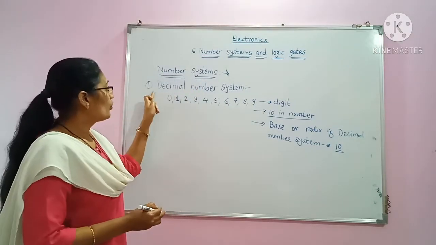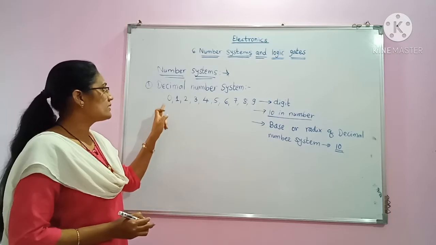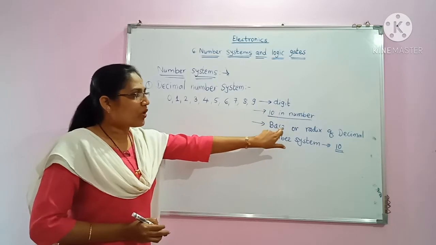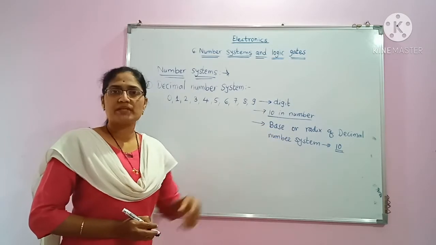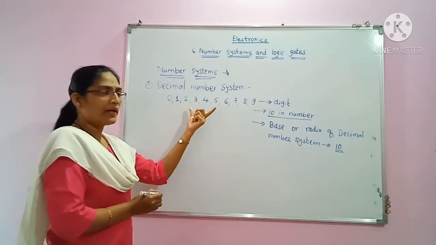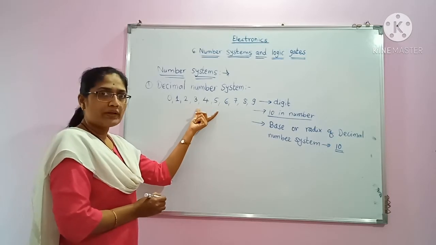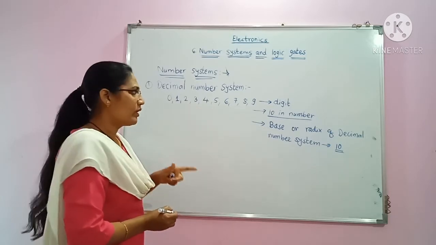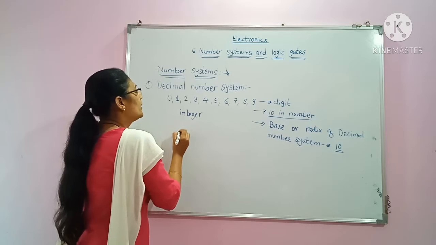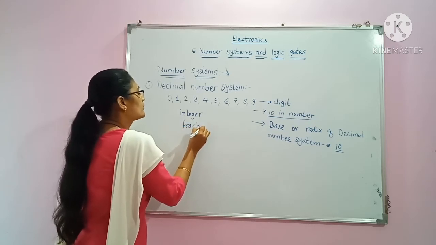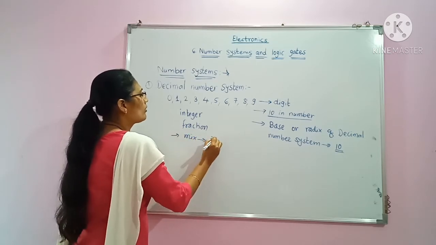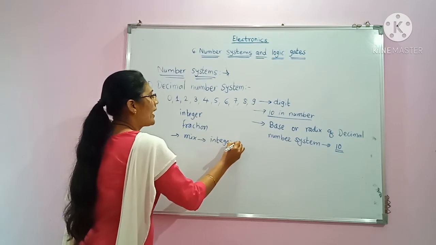It consists of 10 digits, and hence the base or radix of the decimal number system comes out as 10. Also, with the help of these 10 digits, one can write down any number. It may be an integer number, it may be a fraction number, or it may be a mixed number consisting of integer and fraction.